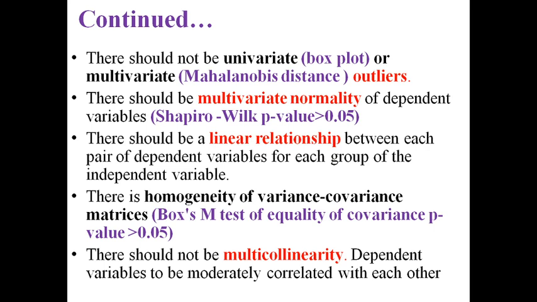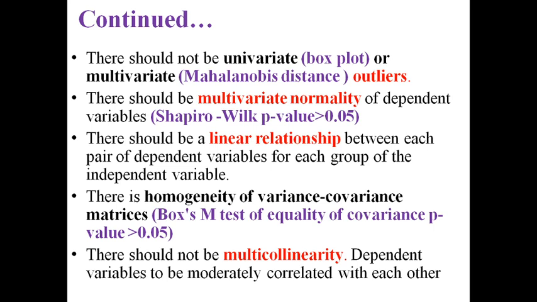There should be a linear relationship between each pair of dependent variables for each group of the independent variable. So we'll check through the scatter plot, for each pair of the dependent variables at each level of the independent variable, to find out the linear relationship.